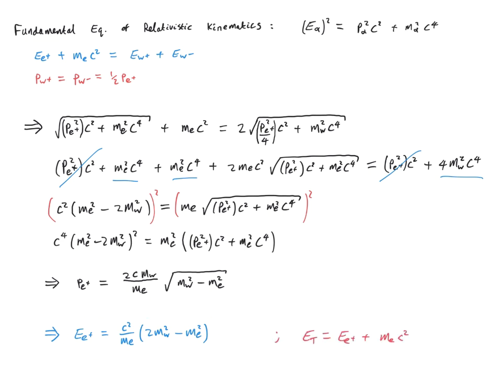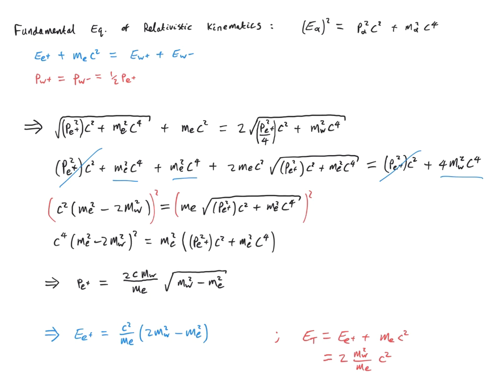Finally, we can write down the threshold energy for this reaction. It's this energy of the positron plus the energy of the electron. The energy of the electron, of course, is just the rest mass energy of the electron because it's at rest in this reference frame. Overall, when you plug that in, you get that the threshold energy is 2 m_W squared over m_e times c squared. Now, we can actually compare that to the threshold energy in the centre of momentum reference frame, and we'd see that it would be different.